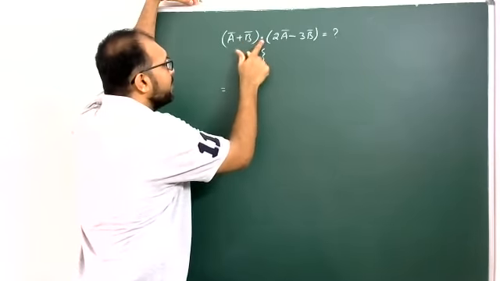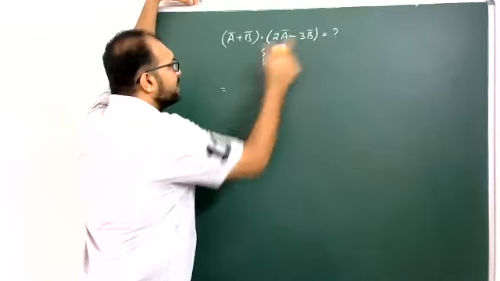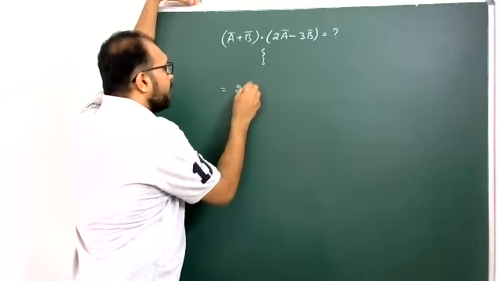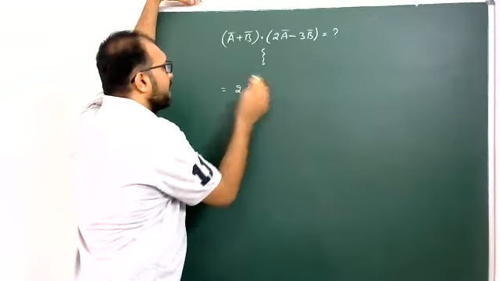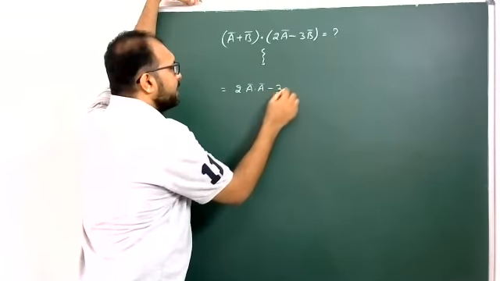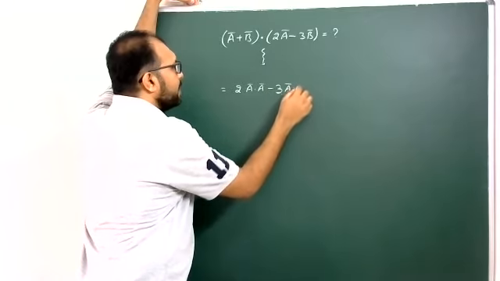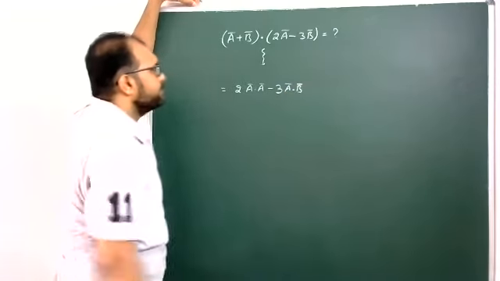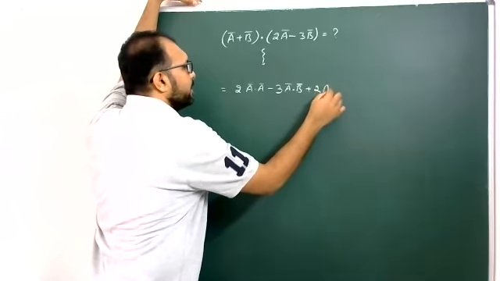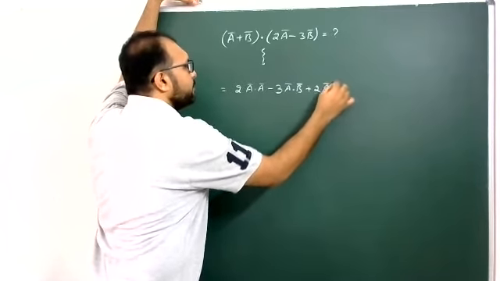A bar plus B bar dot 2A bar minus 3B bar: 2 into A bar dot A bar, minus 3 into A bar dot B bar, plus 2 into A bar dot B bar.